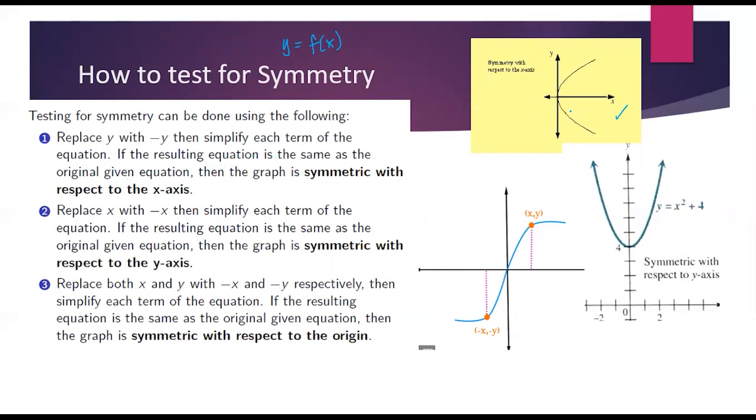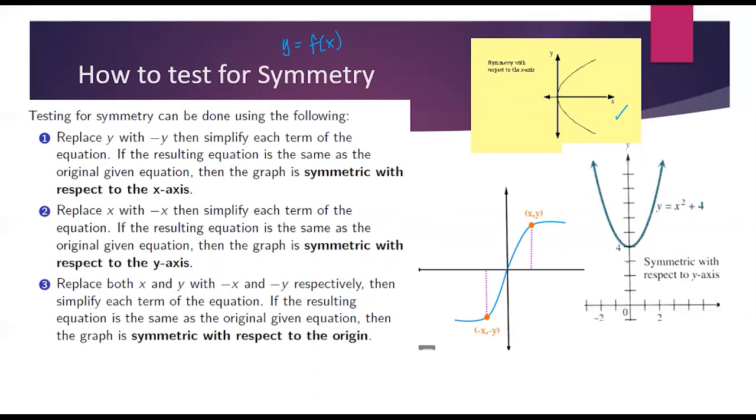How about if you're going to check if the graph is symmetric with respect to the y-axis? This time you're going to replace x with negative x. If the resulting equation is the same as the original given equation, nothing has changed after changing x with negative x, then we can say that the graph is symmetric with respect to the y-axis.